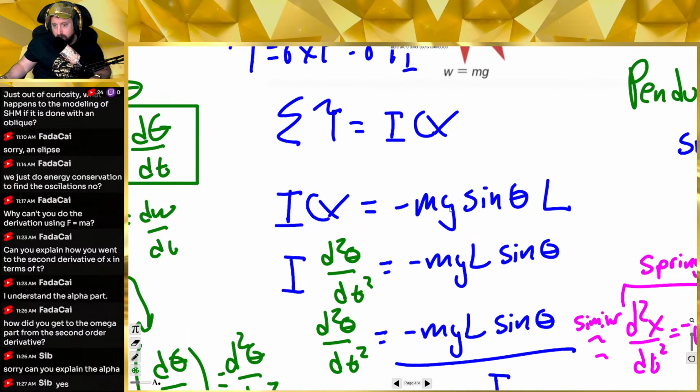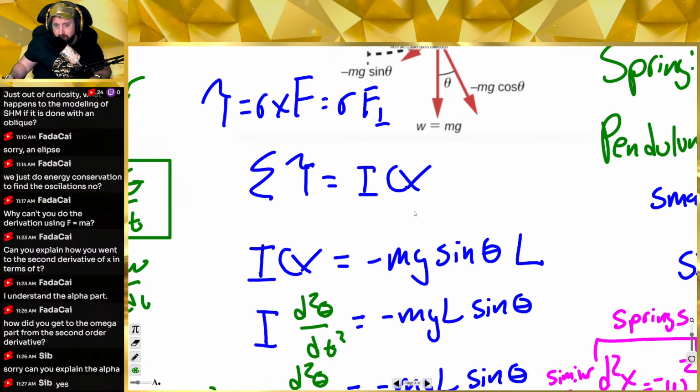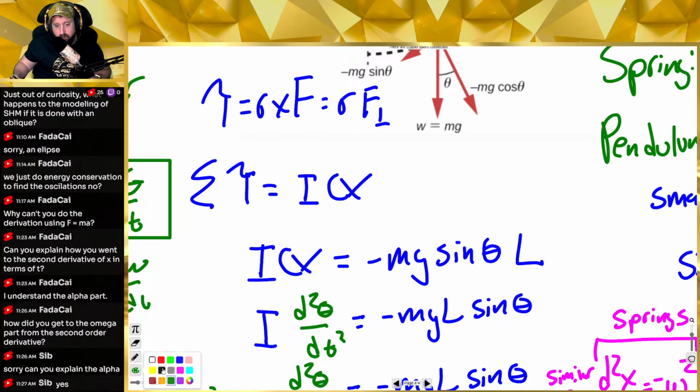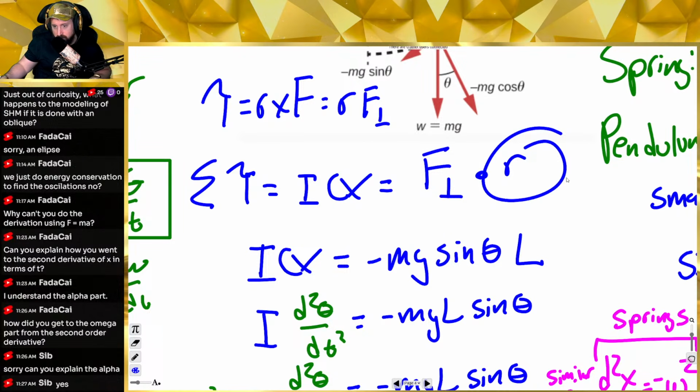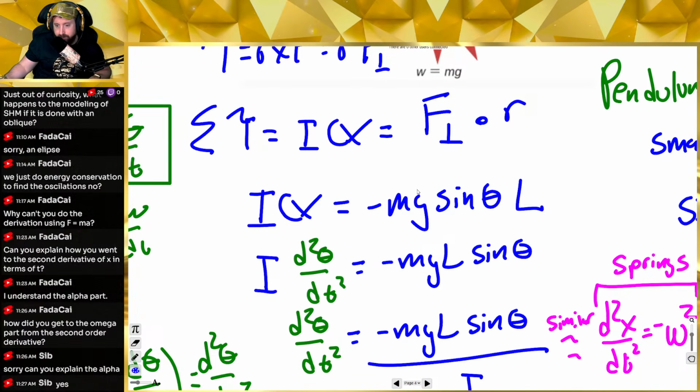And so when doing this, I alpha, right? Sum of torques, I alpha. And that's also equal to R F perp. Or here we're going to say F perp times R, because this is your radius, and this is your perpendicular force that's acting on the pendulum.